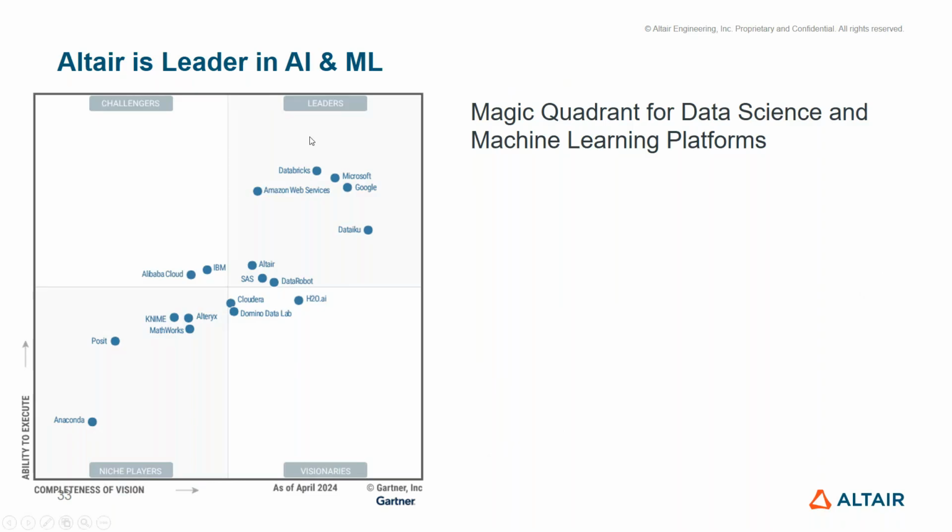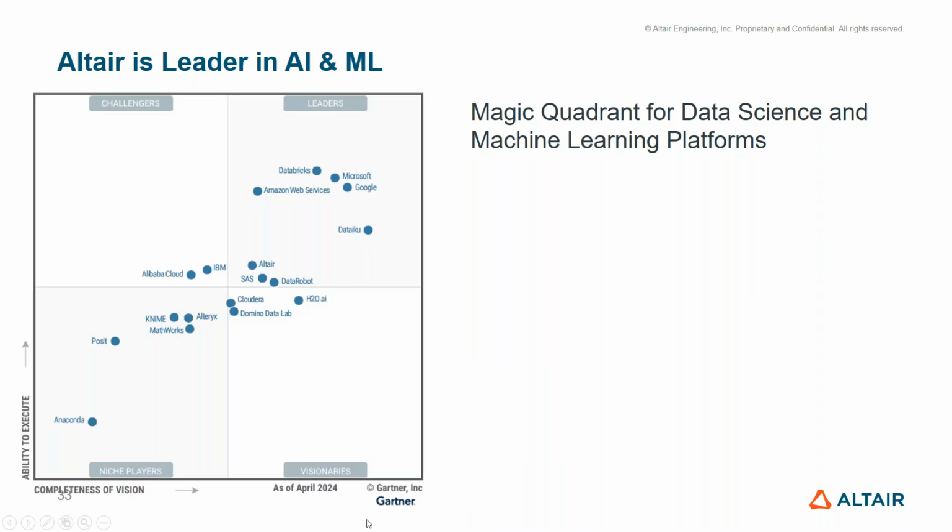So Altair is a leader in AI and ML, which is again in the Gartner document itself. It has been published. If you see the leaders, challengers, niche players and visionaries, we have Altair in leaders as well. So it's all this Magic Quadrant for data science and machine learning platforms.